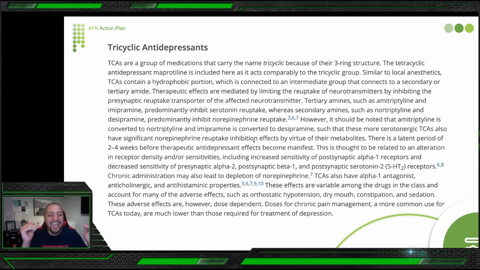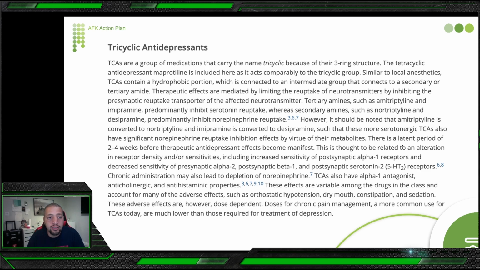This drug will inhibit this action significantly, by virtue of this metabolism. There is a latent period of 2 to 4 weeks before the therapeutic antidepressant effect becomes manifest. He speaks more about this, but I would like you to understand how it works. So this will lead to significant inhibition of reuptake.